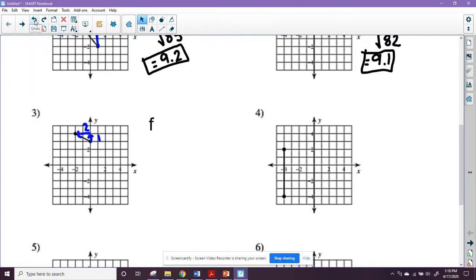Okay, square root of 1 squared plus 2 squared.